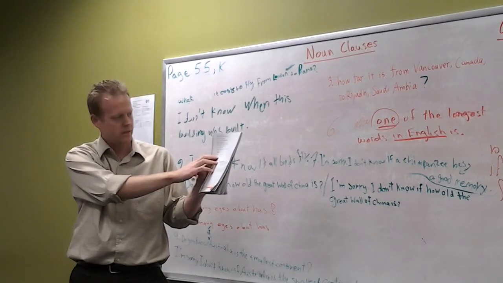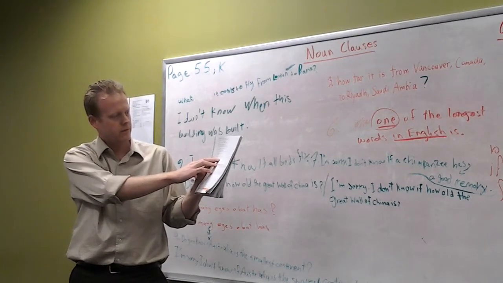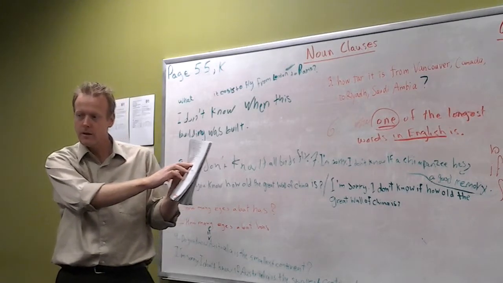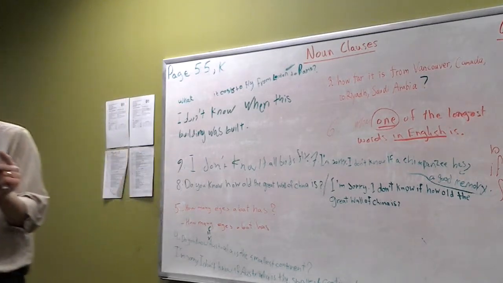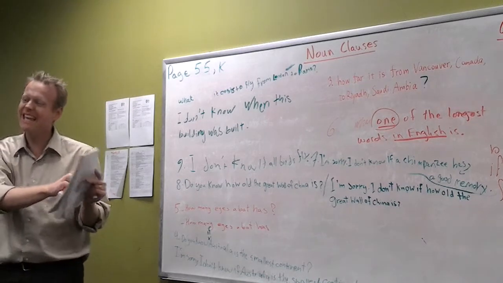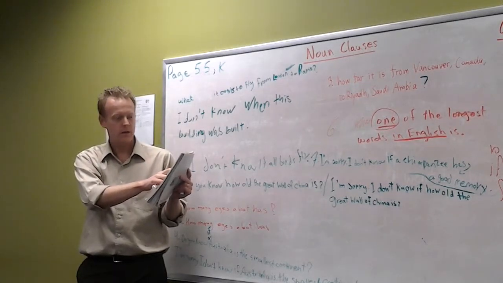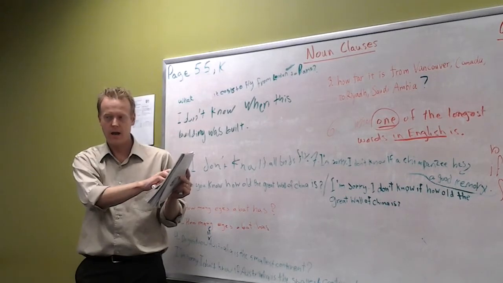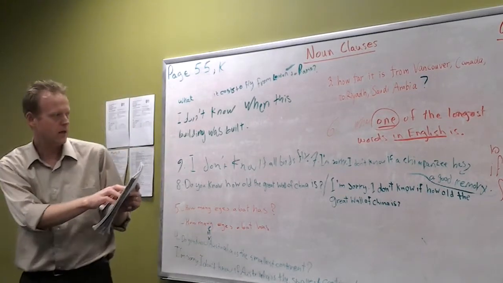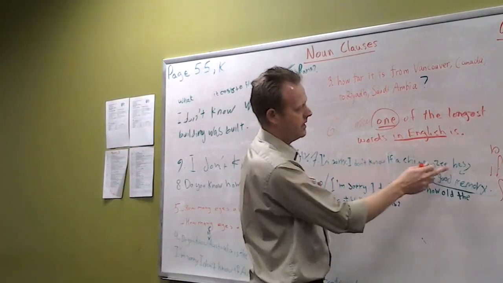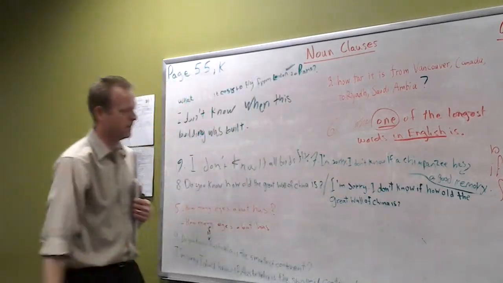Does a chimpanzee have a good memory? Good. So then in the book you're supposed to say, do you know a chimpanzee? Hold on. What do you got to add for a yes, no? Do you know if a chimpanzee has a good memory? I'm sorry, I don't know if a chimpanzee has a good memory. Good. I don't know if a chimpanzee has a good memory. He got it. All right.